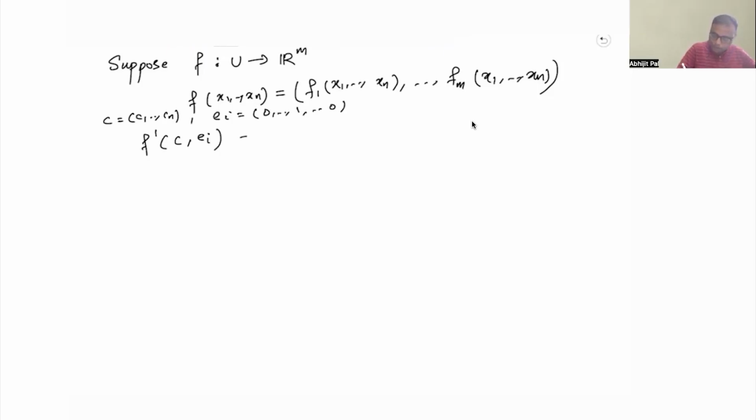So this is basically equal to the partial derivative of f with respect to x_i at the point c. So f prime of c, e_i is this thing.